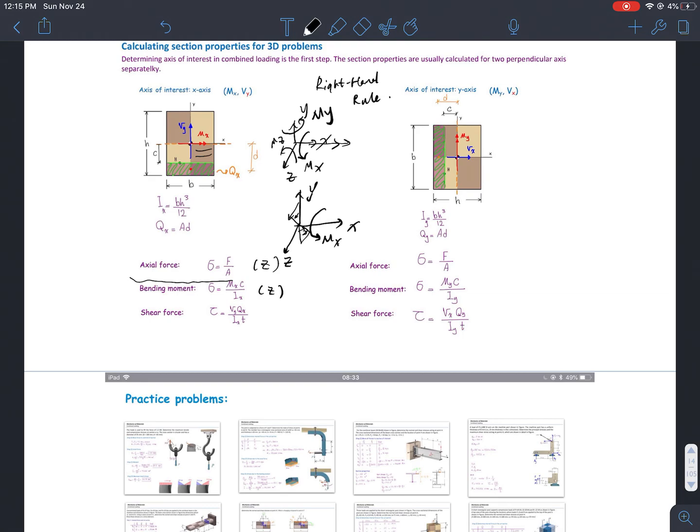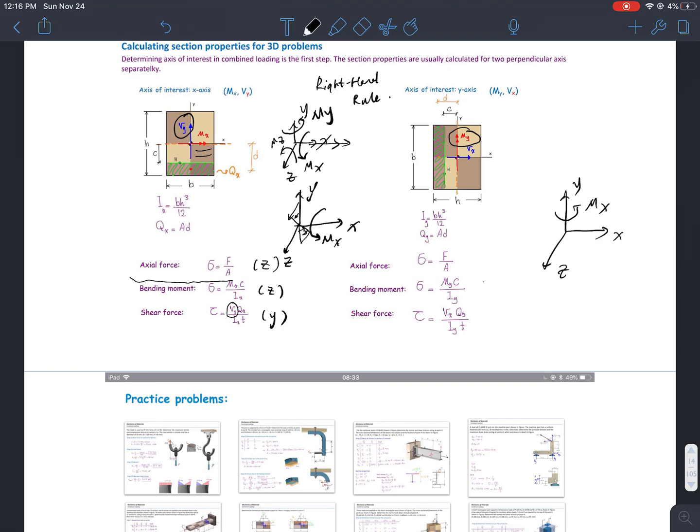But for my shear, if my shear is going in the y direction, my shear stresses are also going in the y direction. Okay. So on the other hand, if I have a y-axis bending moment, say this way, sorry, this is z here, x here.